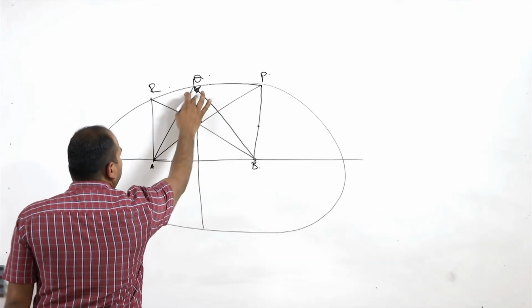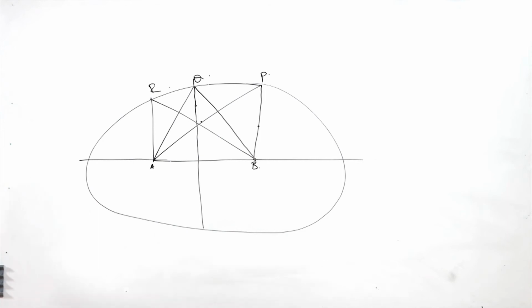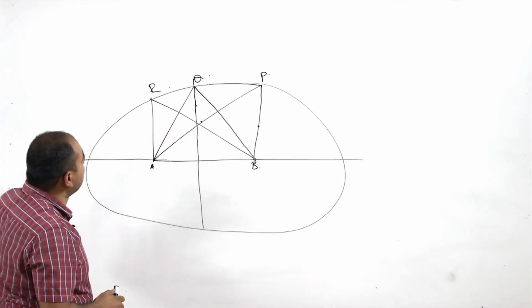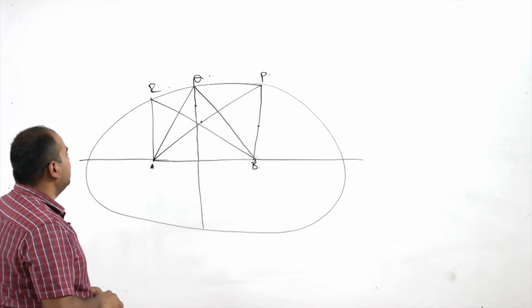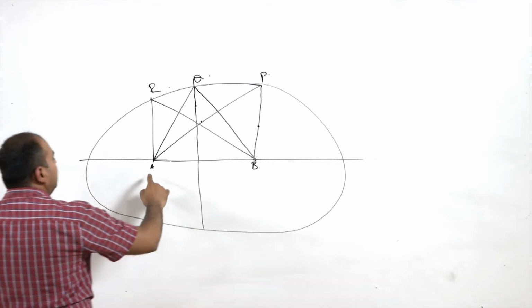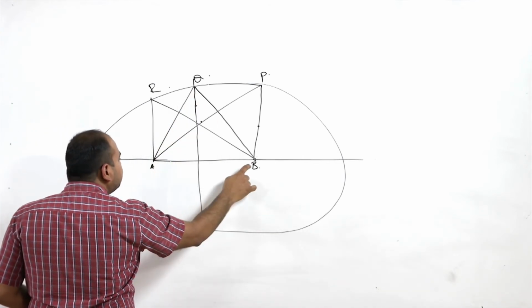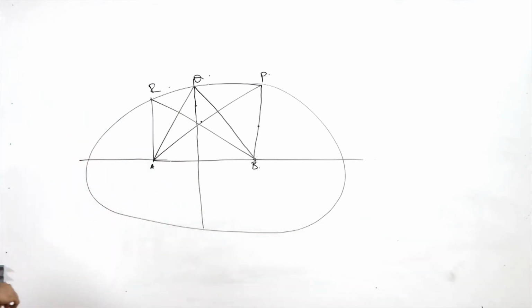So AQB will be the triangle having the maximum area because it has the highest height. So AQB is the triangle having the same perimeter but the maximum area.